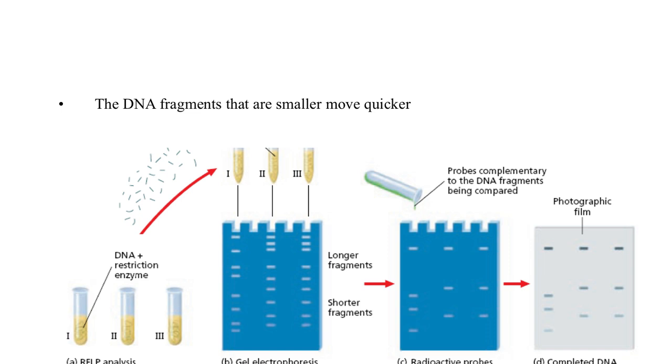So here's a picture showing how gel electrophoresis works. Right here we have 3 samples of DNA mixed with restriction enzymes. Restriction enzymes have broken it up into pieces, and we squirt a little bit of each of those samples in 3 different wells.